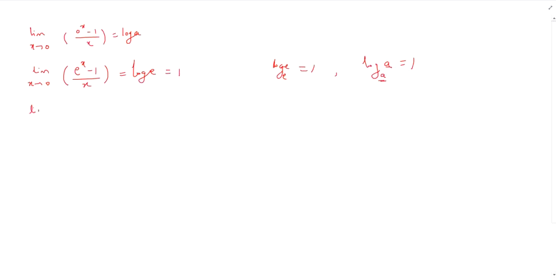So don't think about that much. And the last one, (1 plus x) raised to 1 by x is equal to e. So if the function is of this form, then its result is log of a, and if the function is of this exponential form, then it is equal to e.